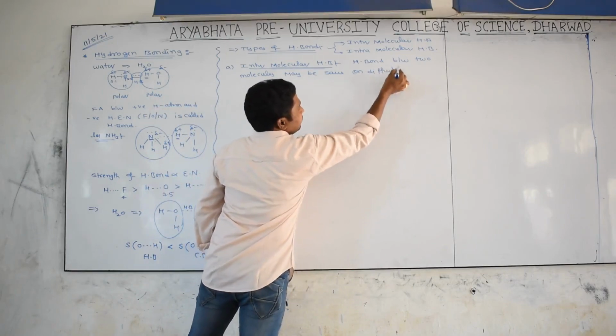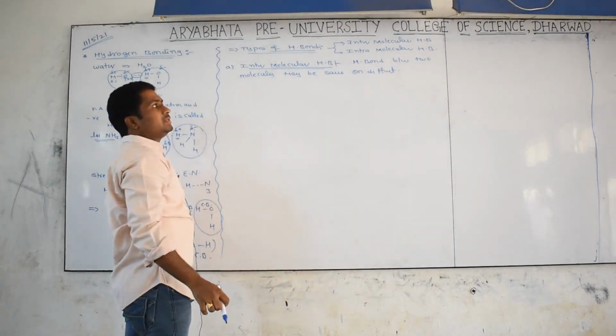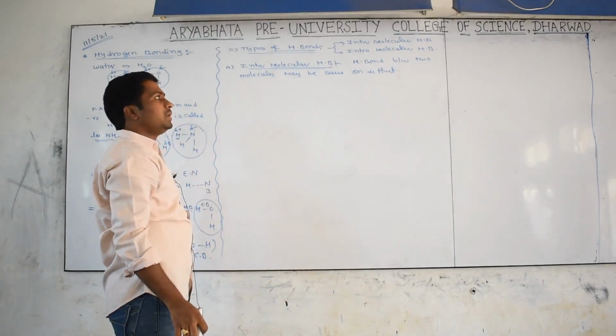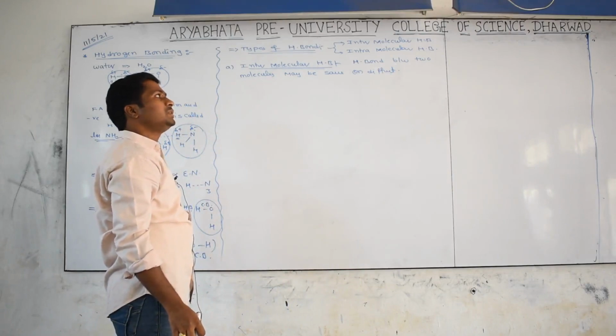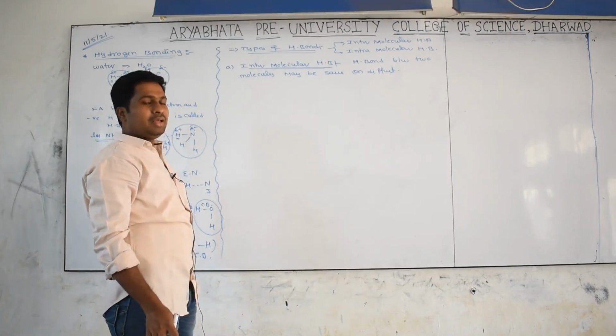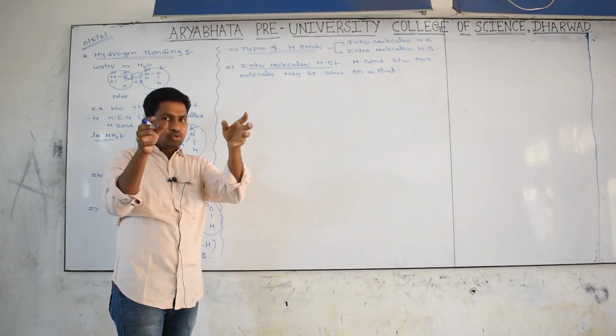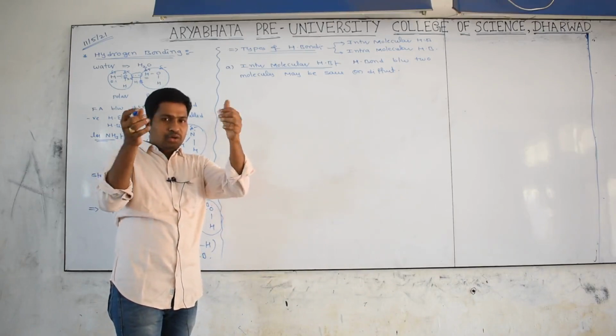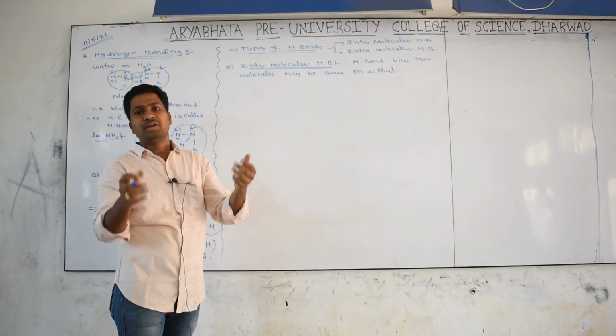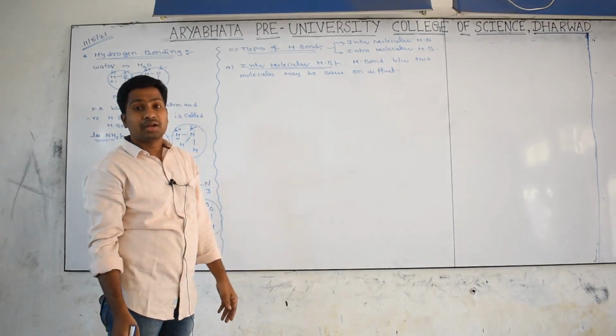What is the meaning of intermolecular hydrogen bonding? It is a hydrogen bond formed between two molecules, may be same or different. The force of attraction or hydrogen bonding existing between two molecules, which may be same or different, is called intermolecular hydrogen bonding.